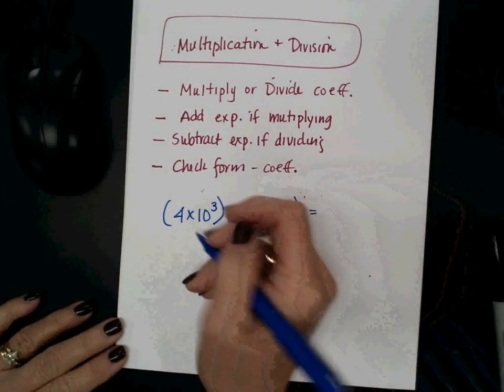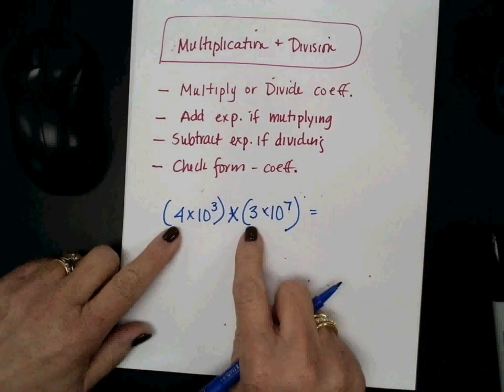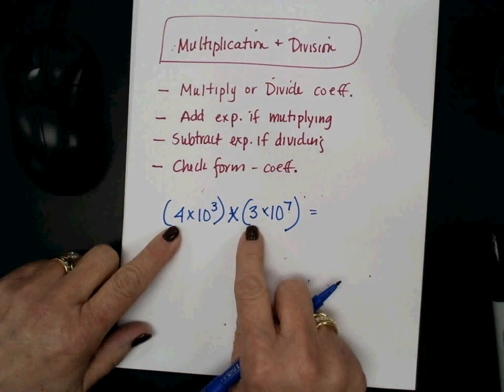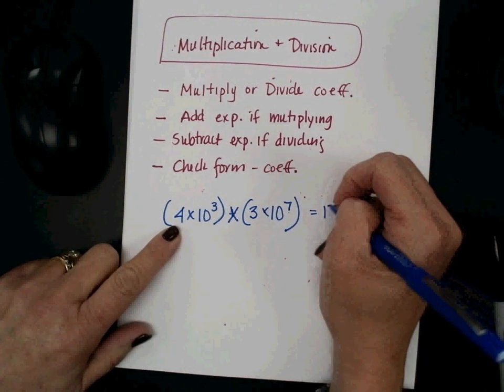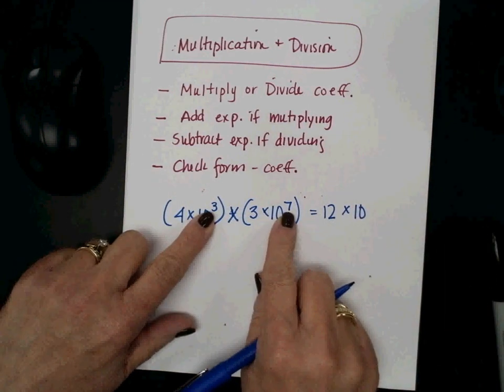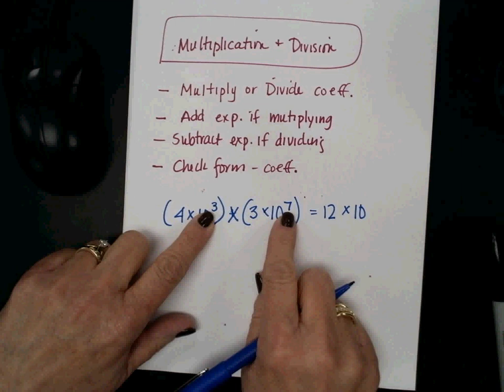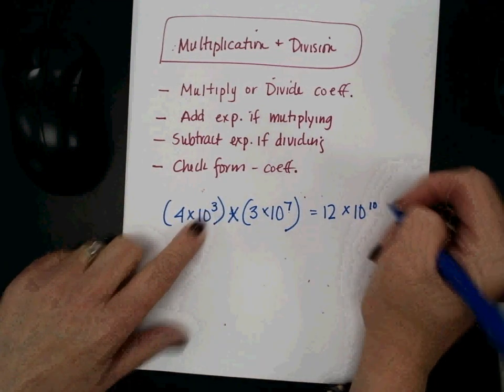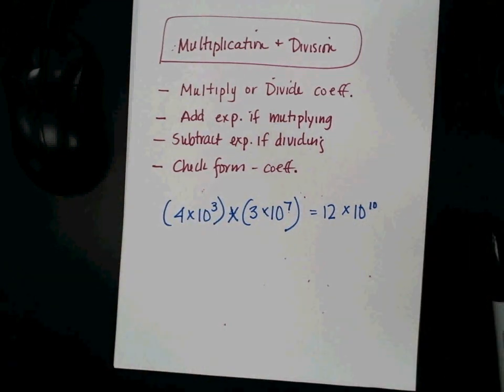So I multiply my coefficients. 3 times 4 is what? 12 times 10 to the 7 plus 3 is 10.